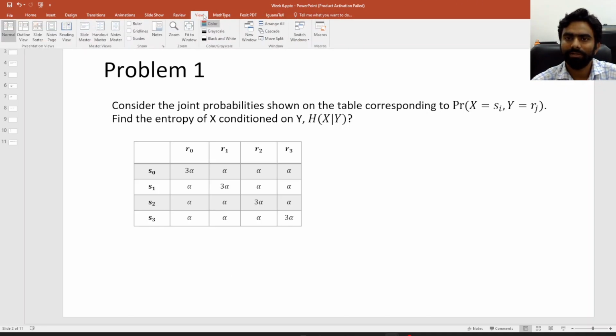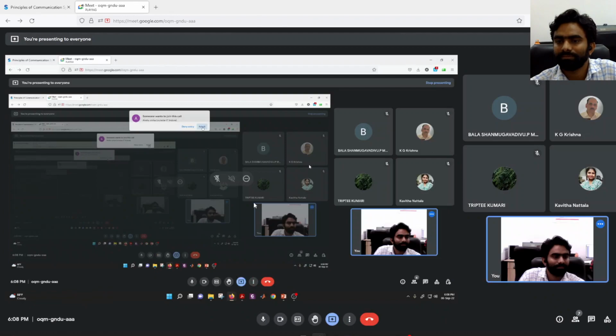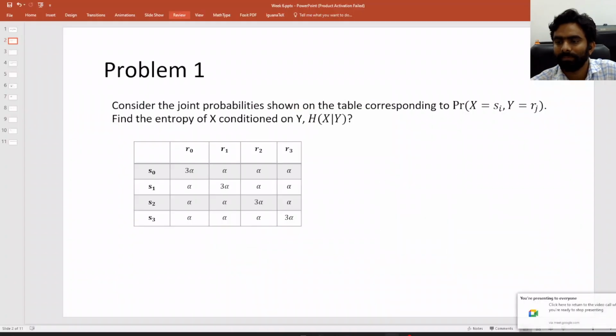Let's see the properties. I'm writing the property we can use here.